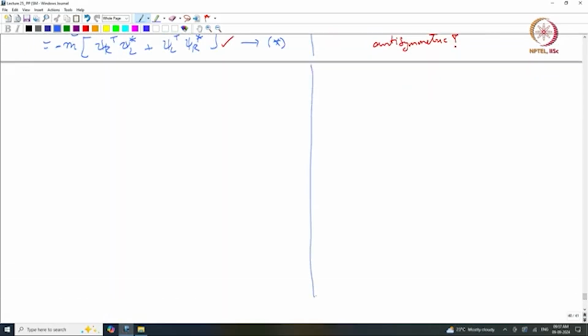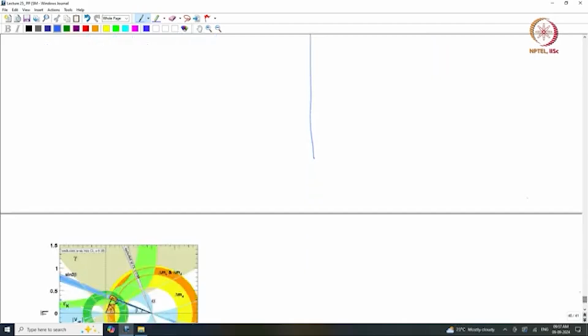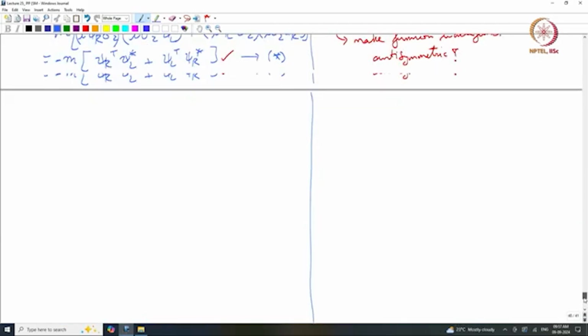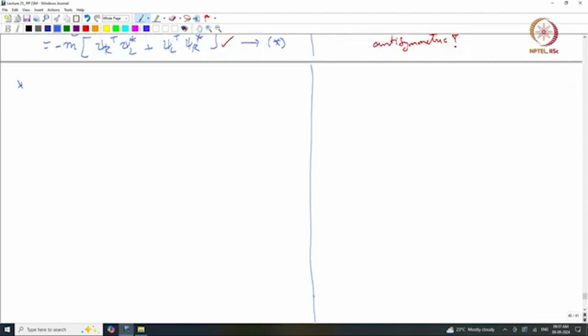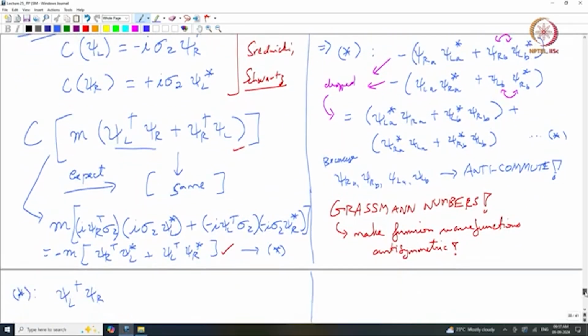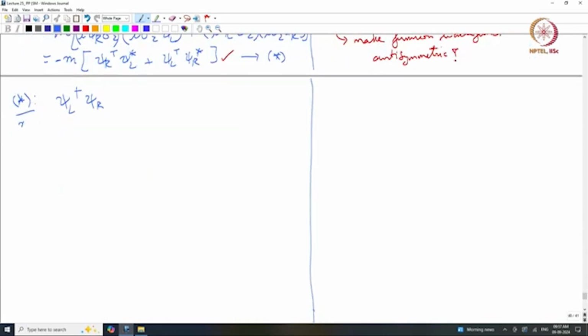Then you will have no trouble seeing that equation star is giving me nothing but, I think I dropped an m somewhere, does not matter, so I will just put star over m, it is giving me nothing but this.